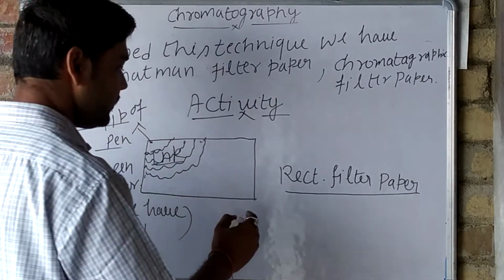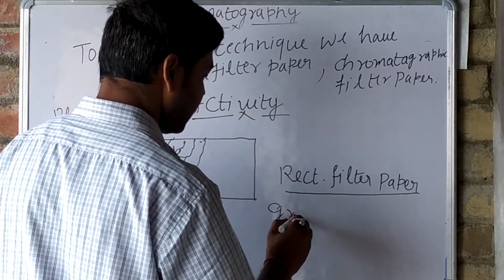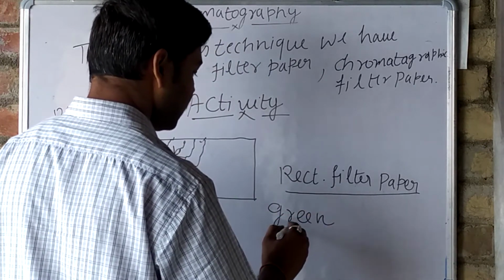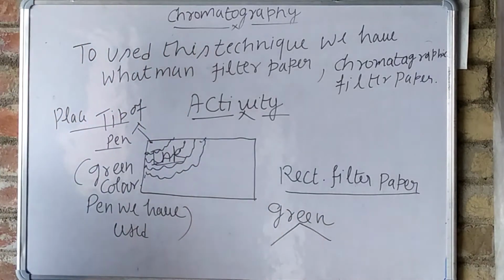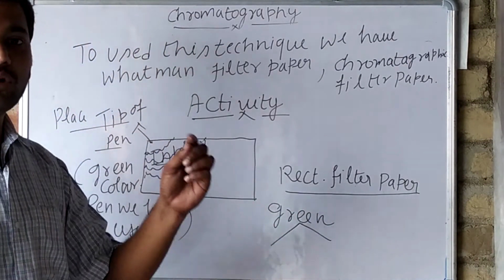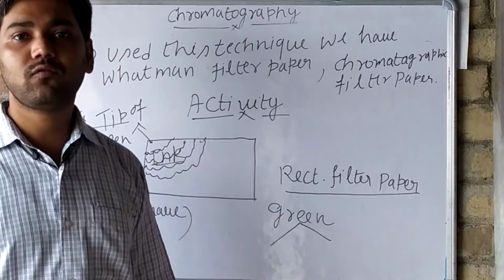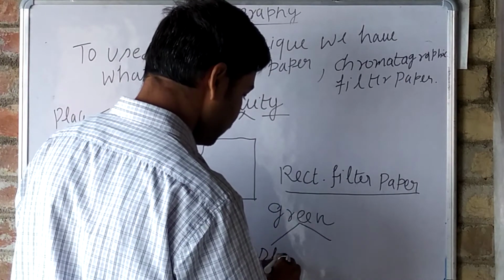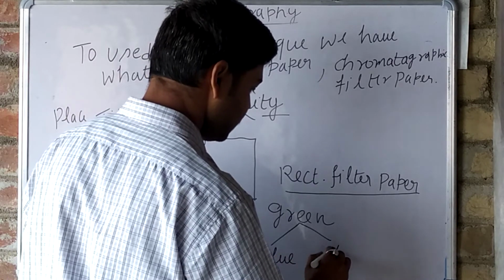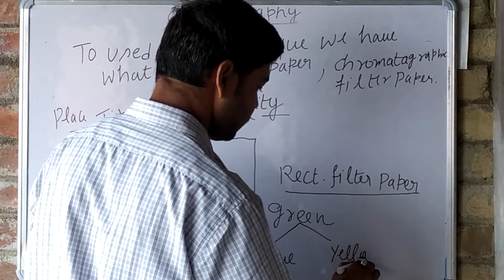So what happened? We will see that on the adsorbent, that is on water, two components of the green color will be seen. One is blue and the other is yellow.